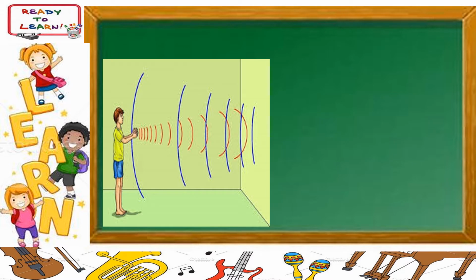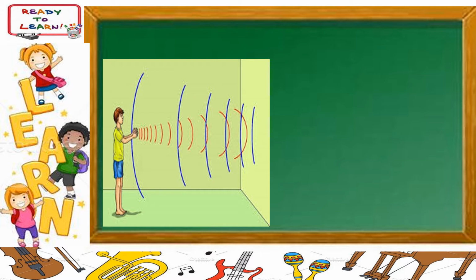Now here is another example of sound movements. In these pictures, we can see that the sound travels going to the wall. What is the boy doing?